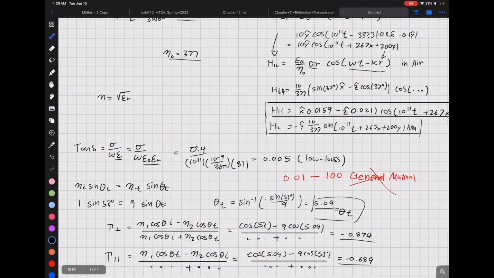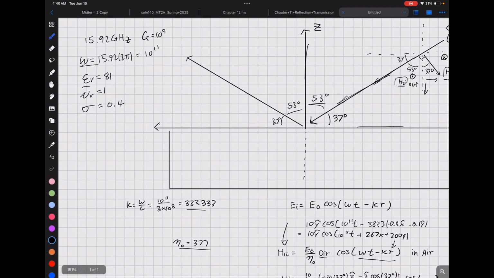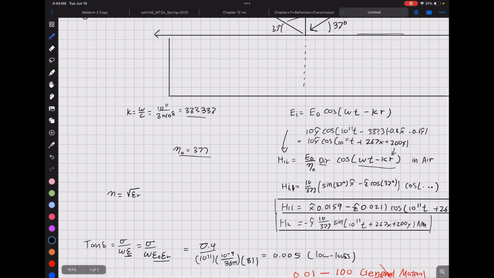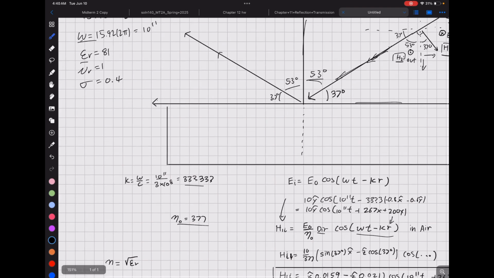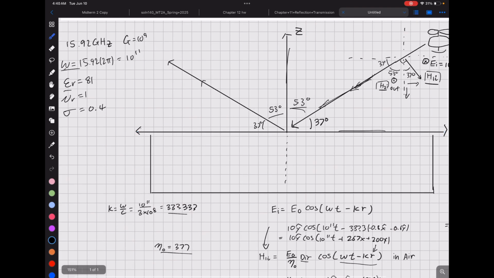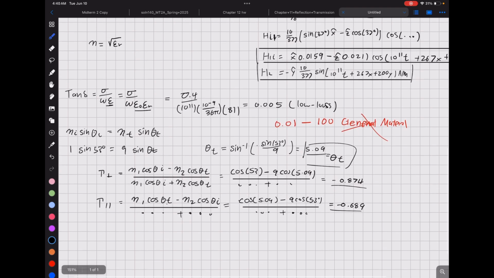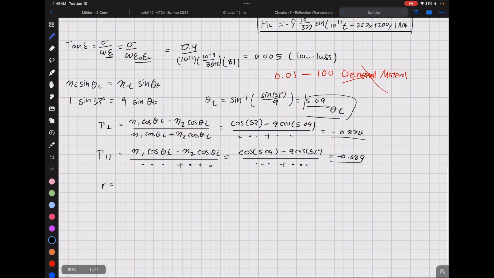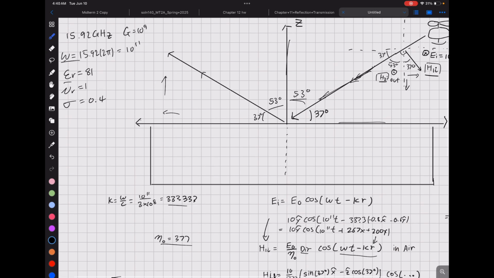So let's find the k of this one. We found the k earlier on this. We need to find the k in this now. So the k is still going to be in the negative x direction, but it's reflected up. So we should be seeing a positive z, negative x. So let's figure that out. We got negative x cosine of 37 degrees. We're going to be using this angle here.